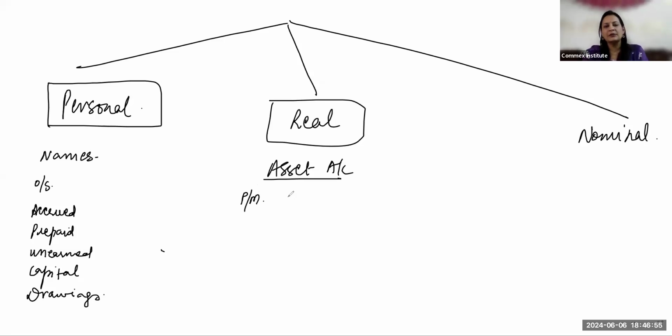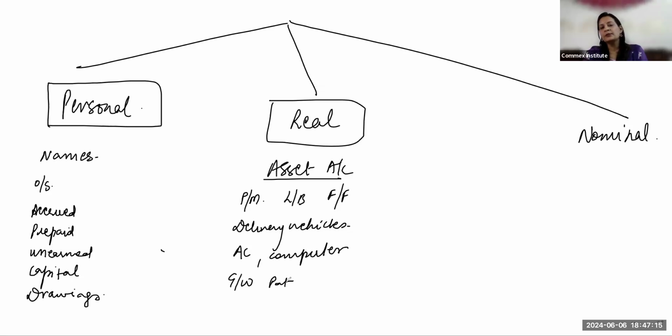You must have forgotten: plant and machinery account, land and building account, furniture and fixture account, or your delivery vehicles, basically your vehicles, it may be anything, and your AC and your computer and your printer and your goodwill and your patents and your computer software or your computer hardware or your copyrights or your trademarks, all these things, all your assets.